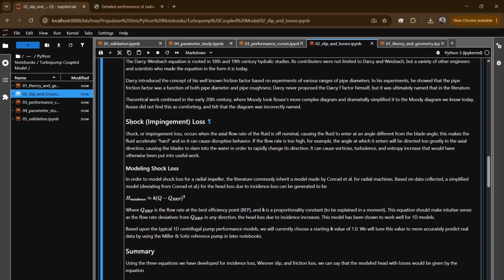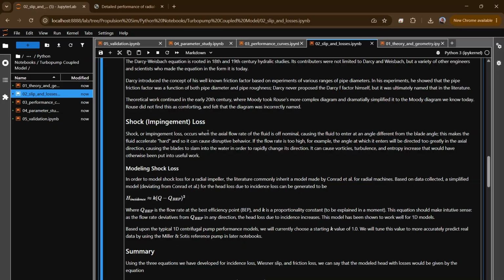Moving on, we have the shock and impingement loss. Now this one's interesting because, let's say you have a fluid that's just moving forward, right? It's going into an impeller that's spinning. The blades are at a certain angle, right? They're just deviated at a certain angle. Well, the thing is when that water is going too fast, it'll hit the blades at the wrong angle. It won't slip in nicely with its slight free rotation.